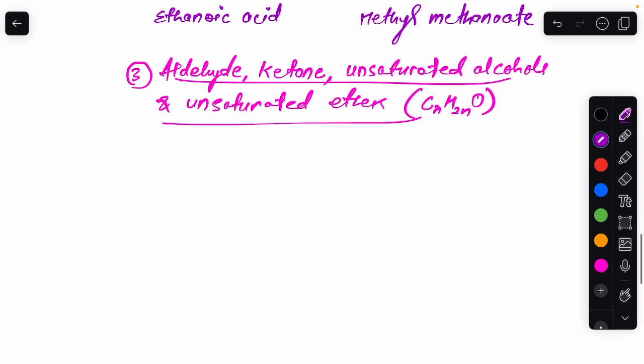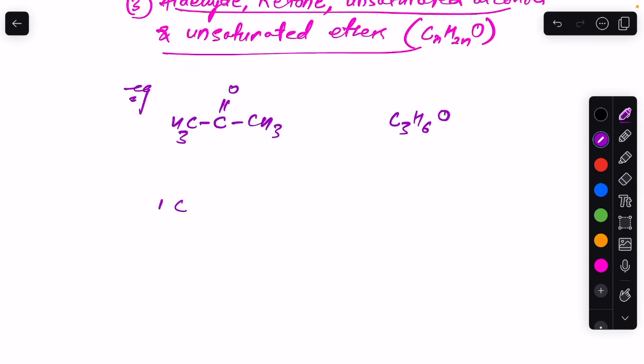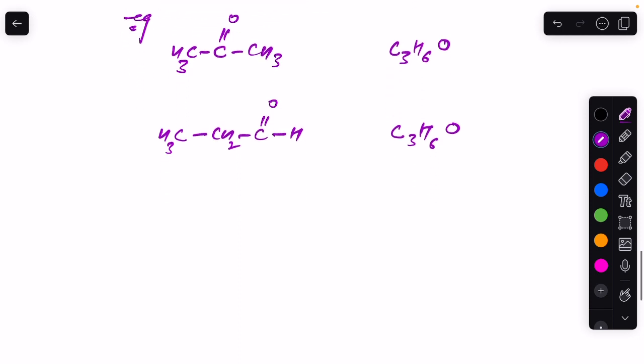So if we look at the example, let's say we have acetone, number of carbon atoms is 3, hydrogen is 6 and a single O. We have CH3, CH2, C double bond O and a H. Number of carbon atoms is 3, hydrogen atoms 6 and a single oxygen.